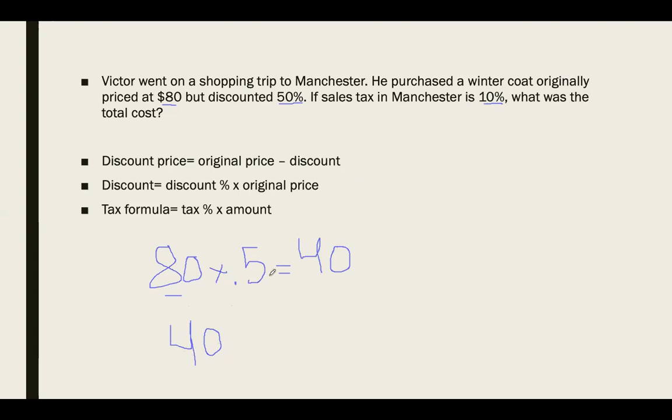So we take 10% of $40 and we get a value of $4, right? Because 10% of 40 is $4. Let me just double check that, 0.1 times 40 is 4, yes. So what do we get a value of?